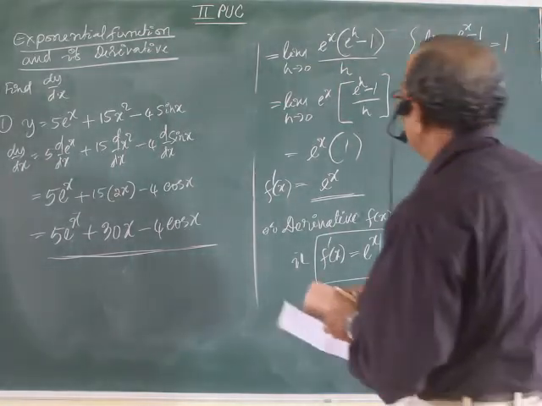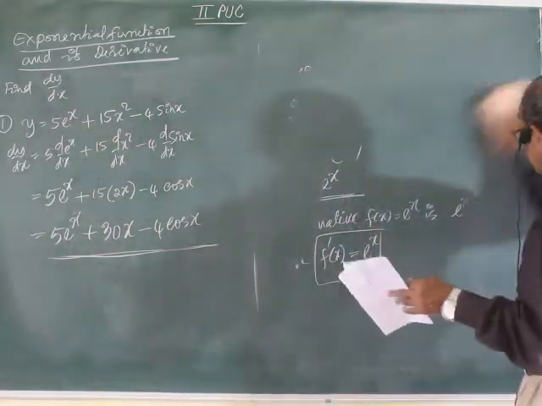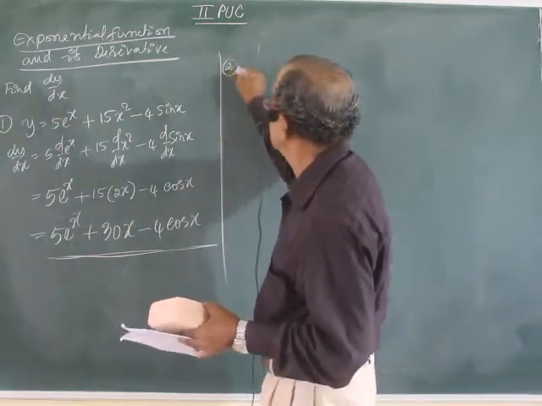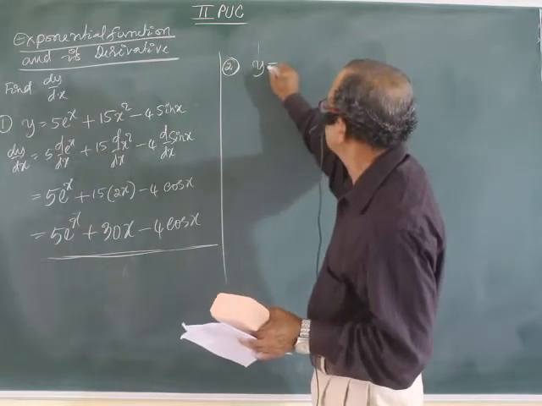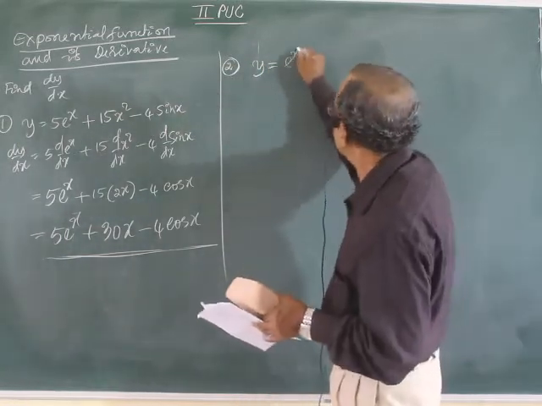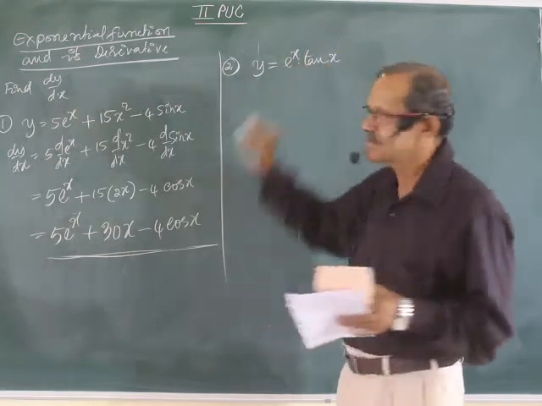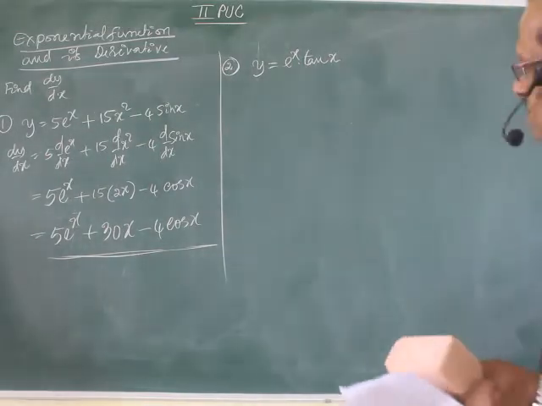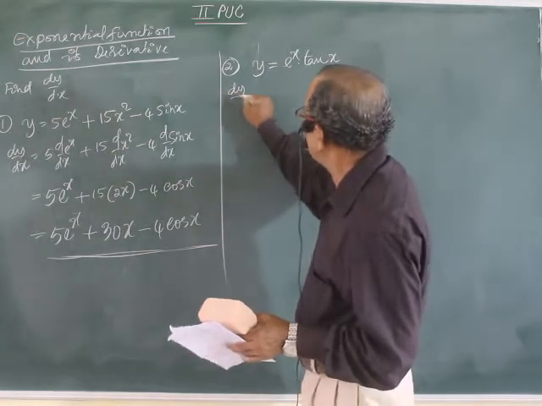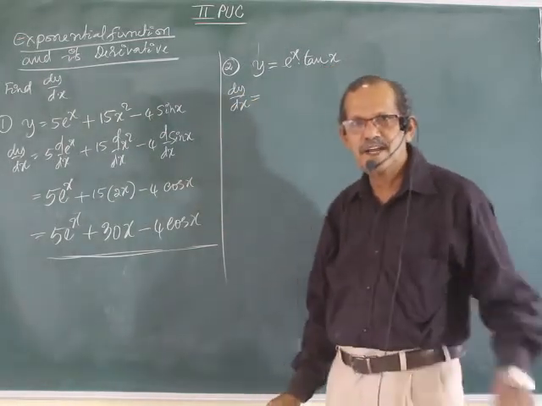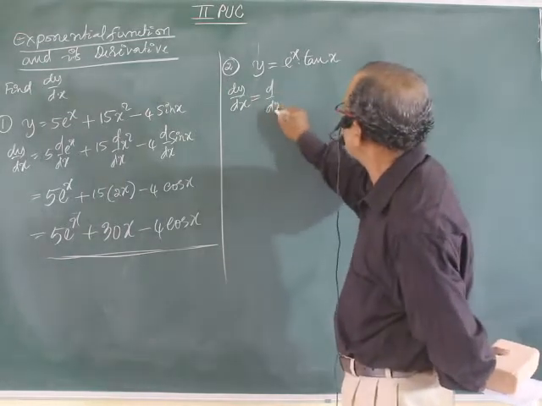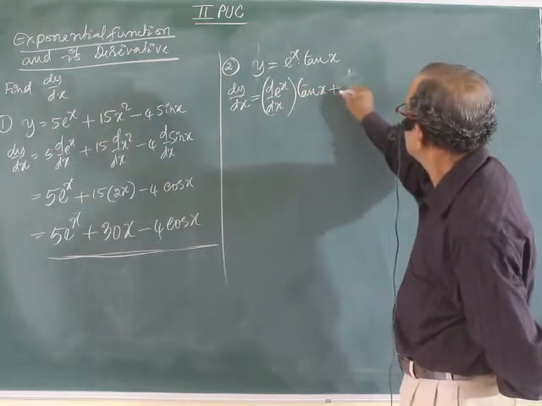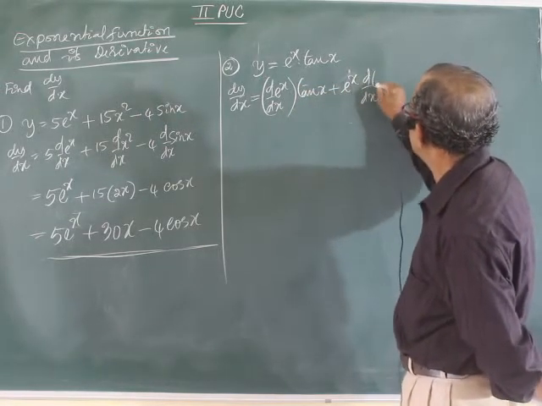Right? Next. Problem number second. Y equal to e to the power x into tan x. See, I have taken the exponential function in the product formula, that's all. dy by dx equal to d by dx of first function into second, plus first function as it is into d by dx of second.